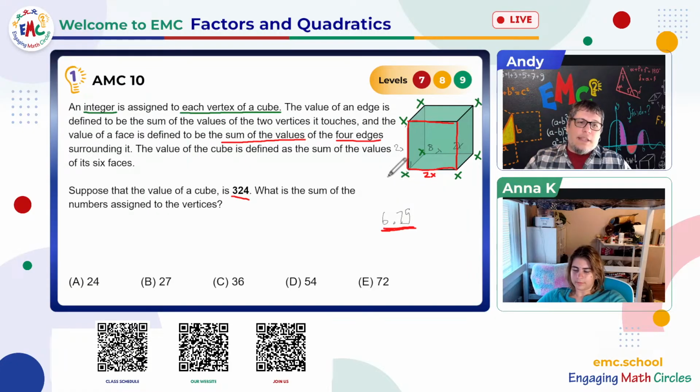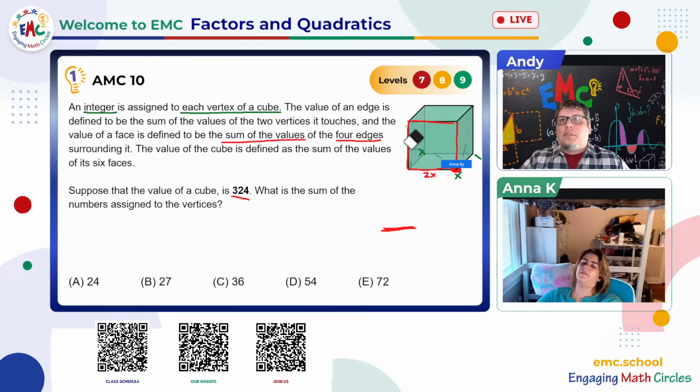So another way of thinking about it is, just looking at it from one vertex's point of view, pretend all these other x's are gone. It contributes to 3 faces. How many of these show up in the final sum?